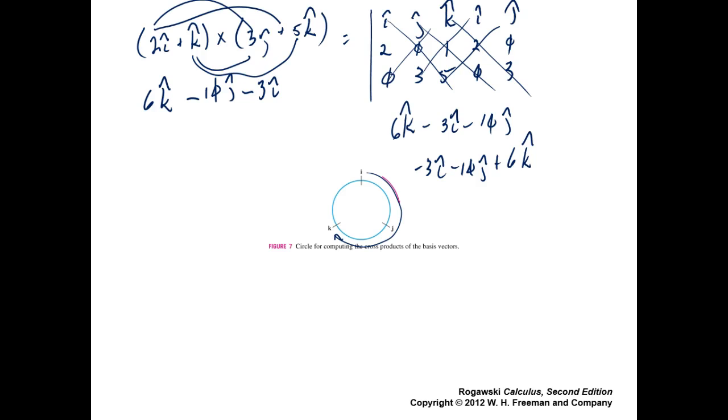Okay? Because if you go back to the theorem 2, the number 2 up there in theorem 2, V cross V is 0. Okay? So that part would give you 0. So again, you get minus 3I minus 10J and plus 6K. All right.